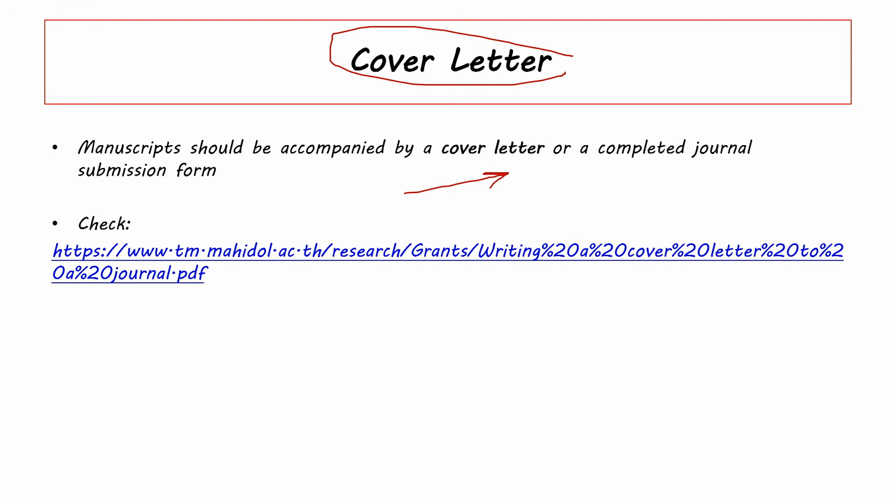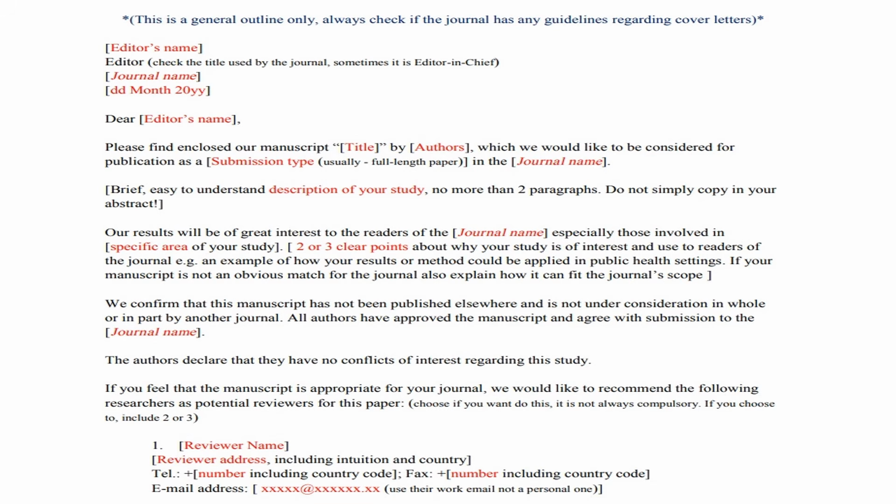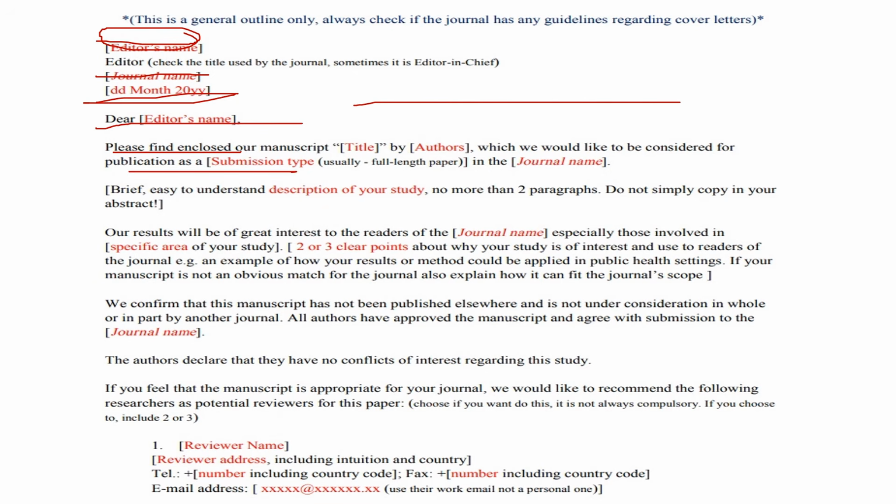For example, in this cover letter, here you will write the editor name and the journal name and the date of submission, okay. And here you will write, dear editor, please find our manuscript titled, which we would like to be considered for publication in your journal, okay.